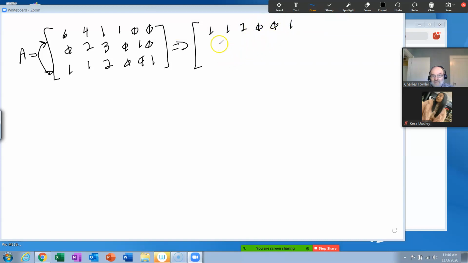Then 0, 2, 3, 0, 1, 0, and 6, 4, 1, 1, 0, 0. What we want to happen next is that 6 to become a 0. So we'll do minus 6 row 1 plus row 3.